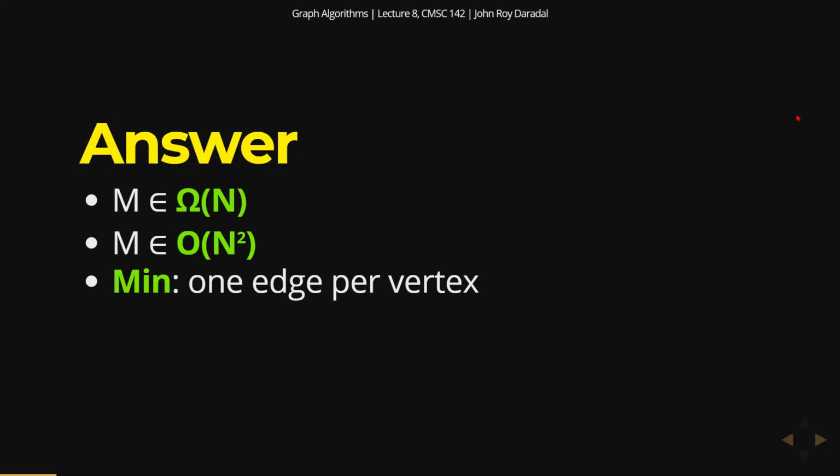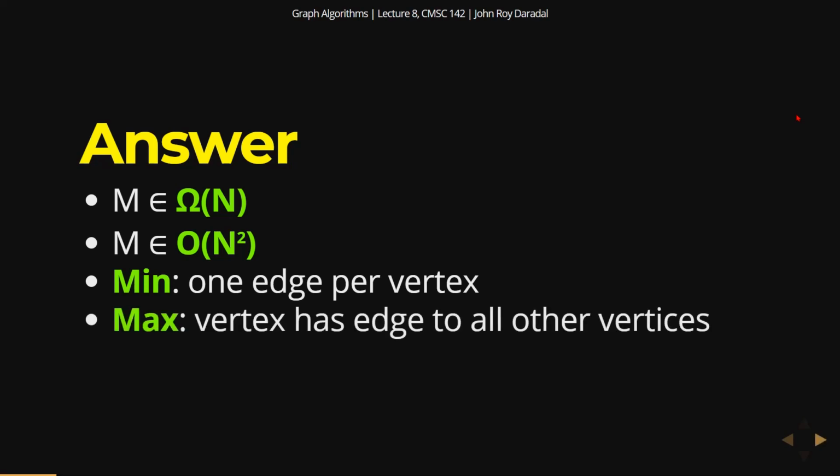That would be omega of n. And then the maximum would be if each vertex has an edge to all other vertices. We'll actually see this specific type of graph later on, something called a clique. So if it has an edge to all other vertices, that would be in O of n squared. So again, the number of edges ranges from n to n squared.